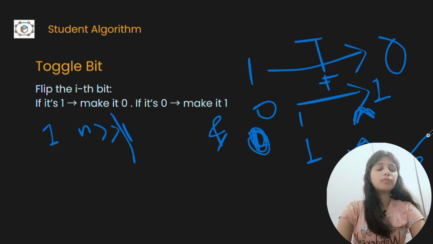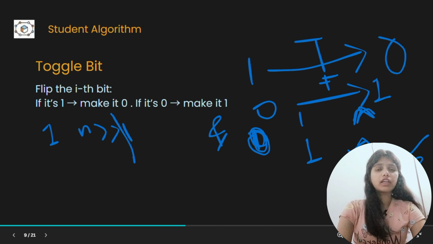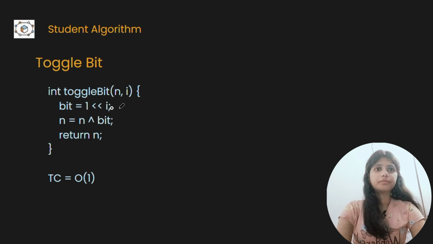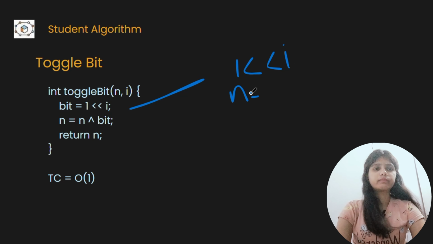If you have 0 and we perform XOR with 1, that automatically gives 1. So we can conclude that in toggling a bit we are using the XOR operation. So this is simple. We need to left shift to the ith bit, and what we need to perform is n equals n XOR bit. Simple.